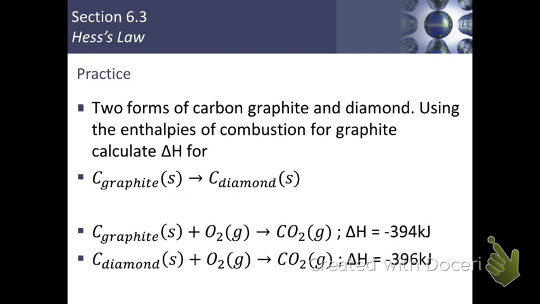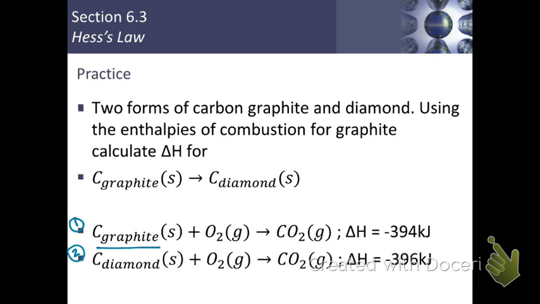So I'm going to look at my mini reactions down here and say, is this first one right here in the right direction? It has carbon graphite as a reactant, so is it correct? What about the second one? Diamond's on the reactant side. So I like to just rewrite the whole thing, okay?